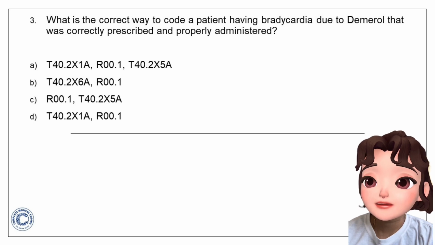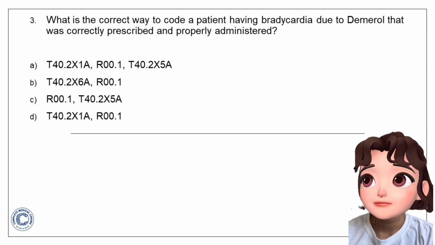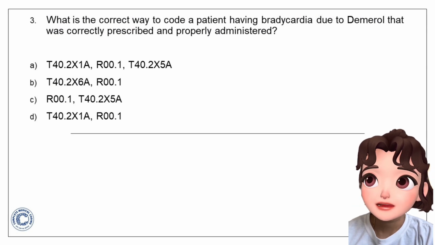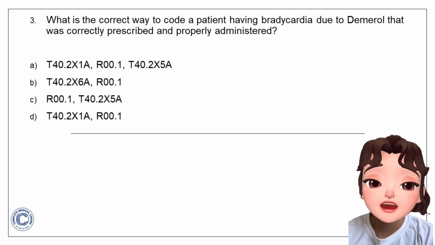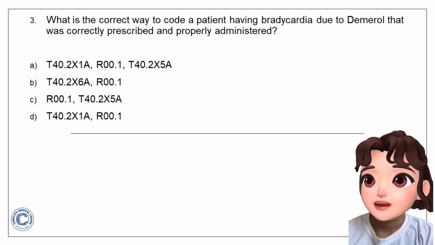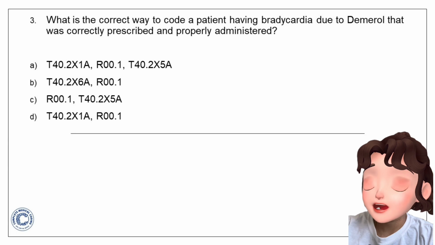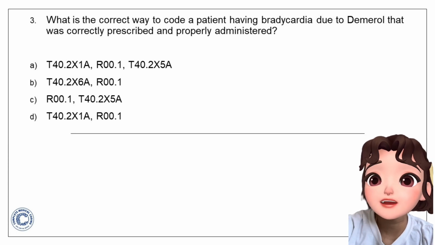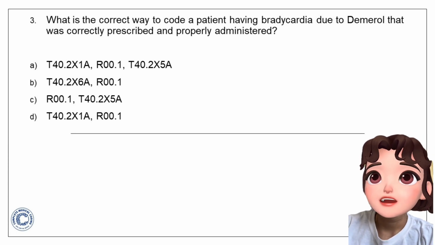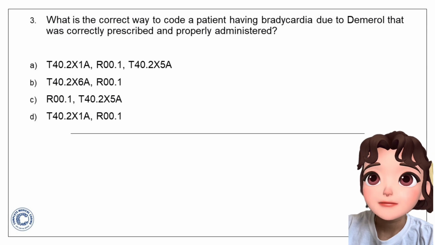First, we have to look for the T code. Let's identify which is the T code first. What is the first T code? T40.2X1A. What is T40.2X1A?